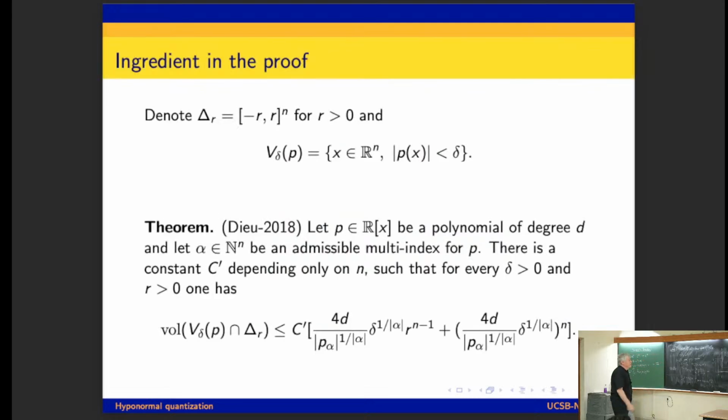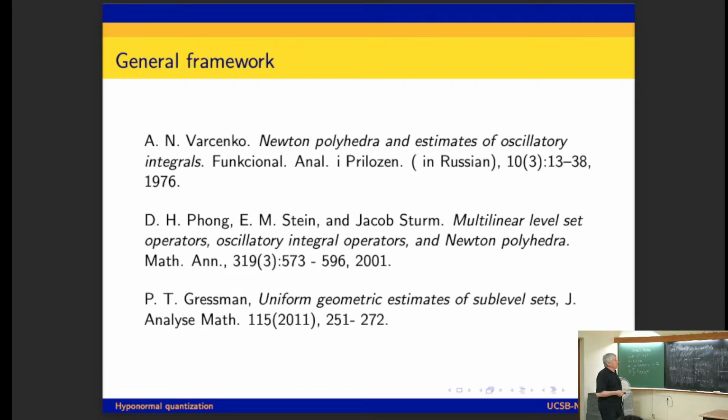And the ingredient in the proof is something interesting, namely how you estimate the volume of a sub-level set of a polynomial. This is a classical question, asymptotically in delta. And there are such rather recent estimates. Big industry goes back to Varchenko, and then Elias Stein work on this and so on.